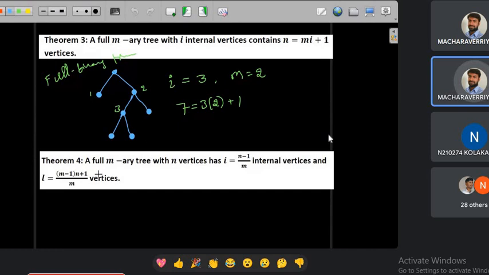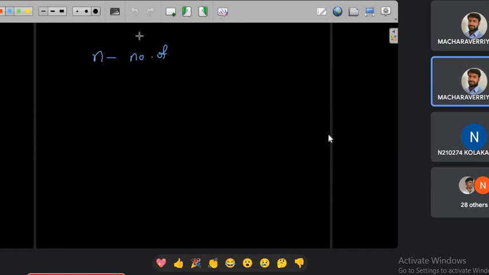Alright, so let us look at one more theorem on full m-ary trees. So let's take n as the number of vertices, and this i, or you start with an m-ary tree. Moreover, it is a full m-ary tree. There is a lot of difference between an m-ary tree and a full m-ary tree.